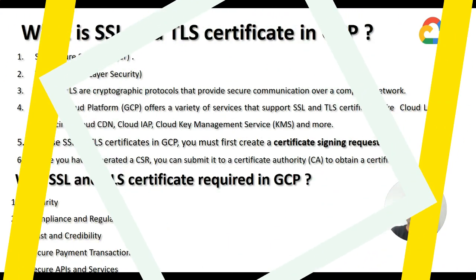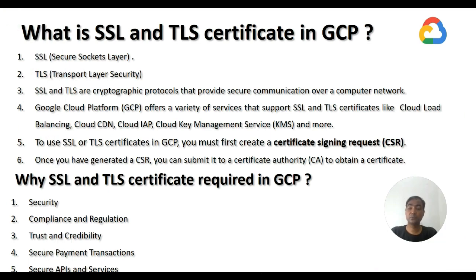To use SSL and TLS certificate in Google Cloud Platform, you must first create a certificate signing request CSR. You can generate CSR using a variety of tools such as OpenSSL and more. And once you have generated a CSR, you can submit it to Certificate Authority CA to obtain a certificate. A CA is a trusted organization that issues SSL and TLS certificate to the customer.